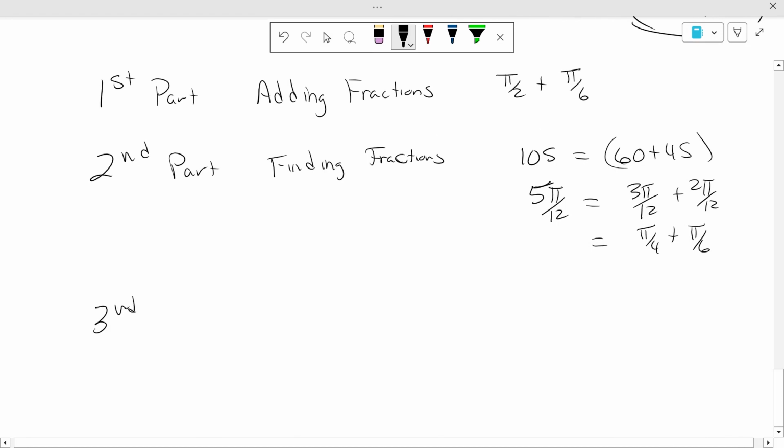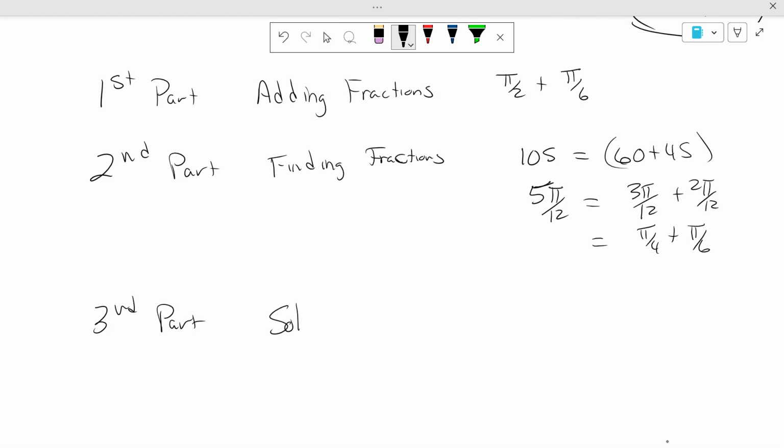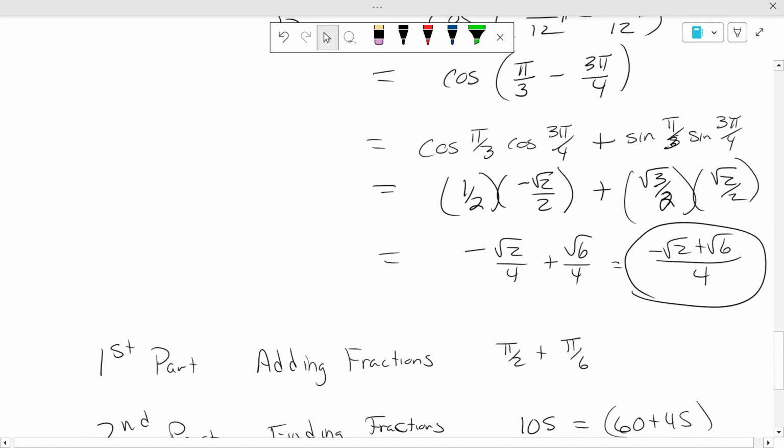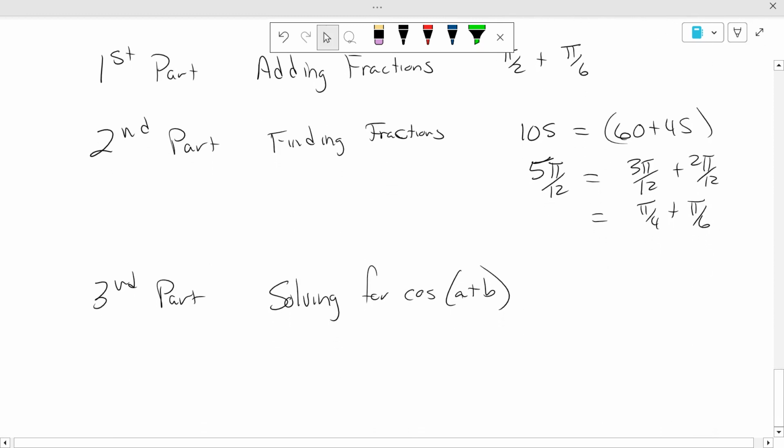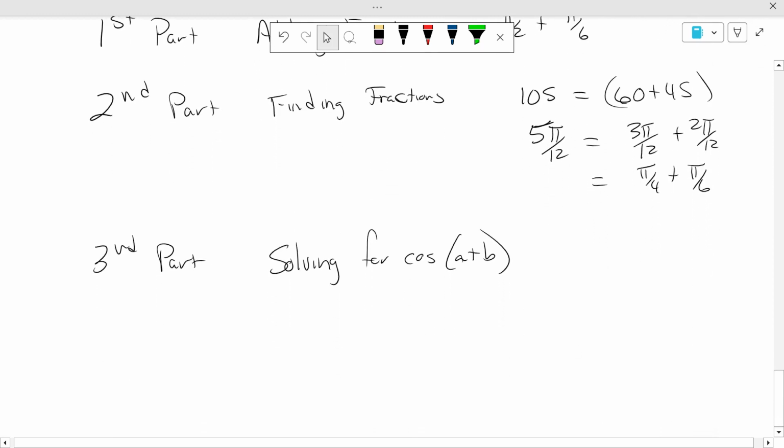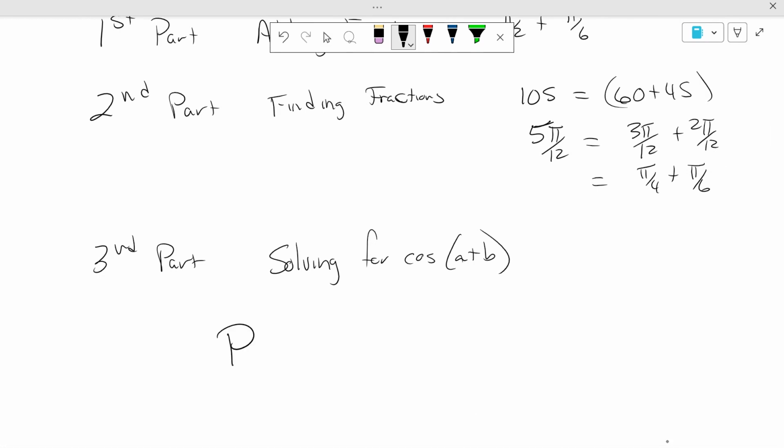Then on your third part, you're solving for cosine of A plus B, where you do the whole thing like we did right there. Okay? So there's 3 parts of the assignment. We're doing problems on page 179.